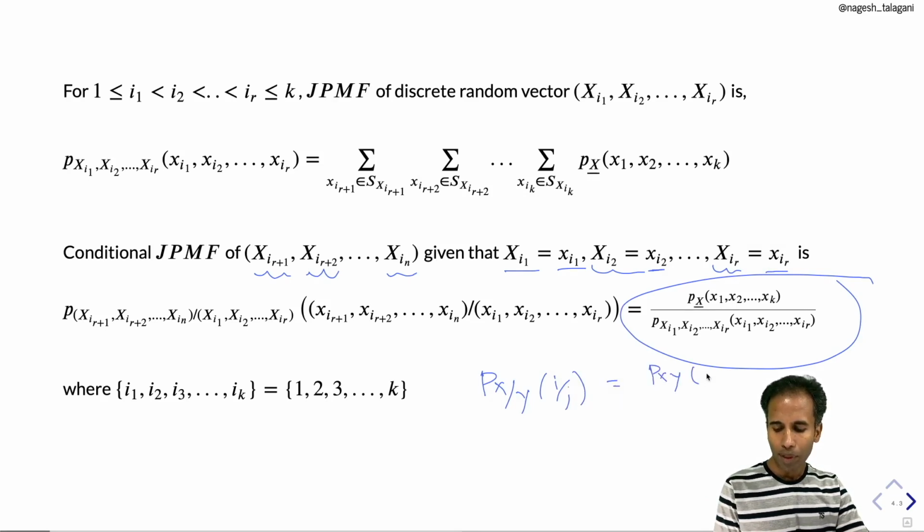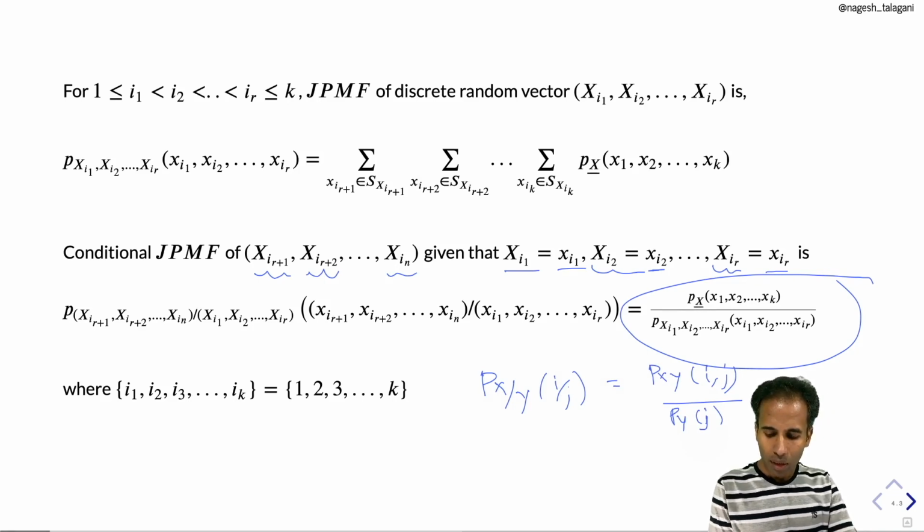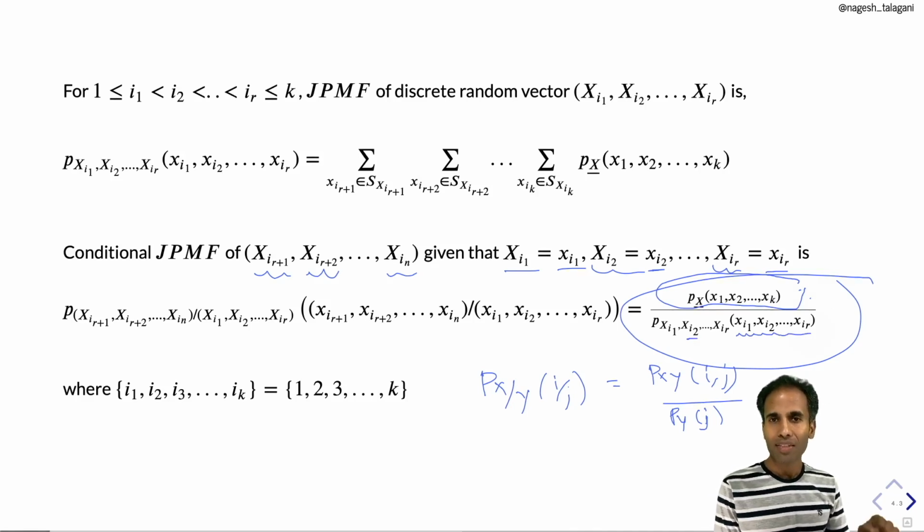The joint PMF value at ij by the PMF of y at j. Here also same thing: joint PMF of x1, x2, ..., xk at x1, x2, ..., xk by the PMF of what is given here, xi1, xi2, ..., xir at xi1, xi2, ..., xir. It is just a generalization of what we did in the bivariate case.